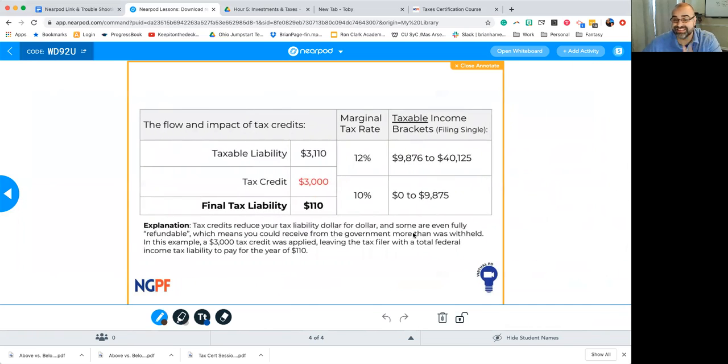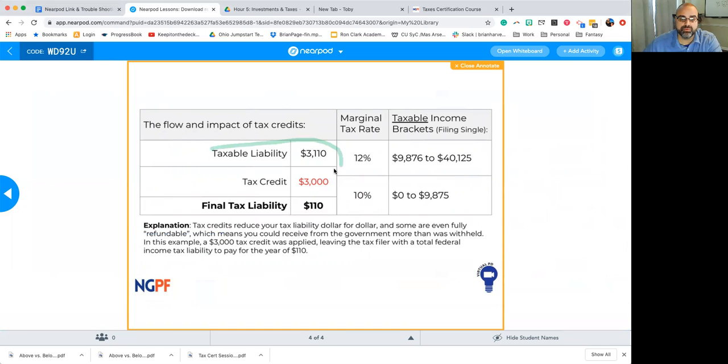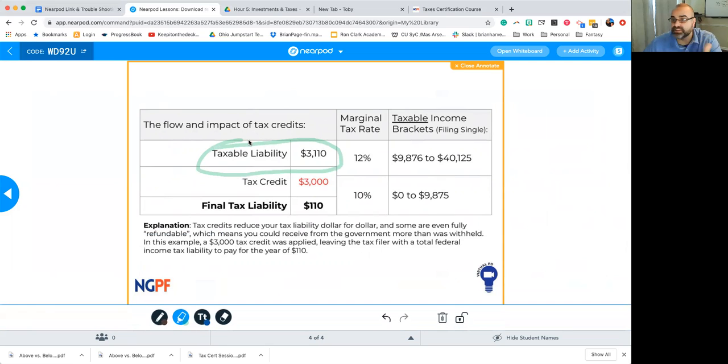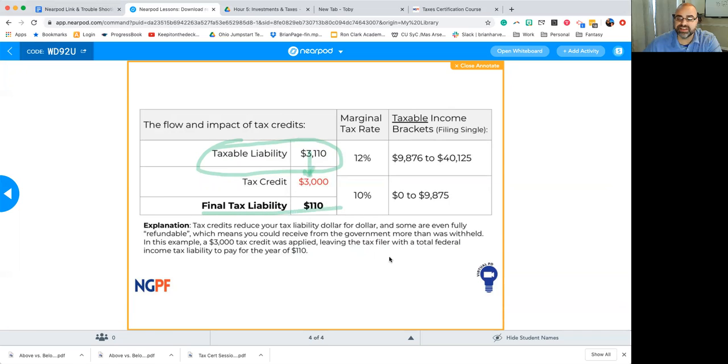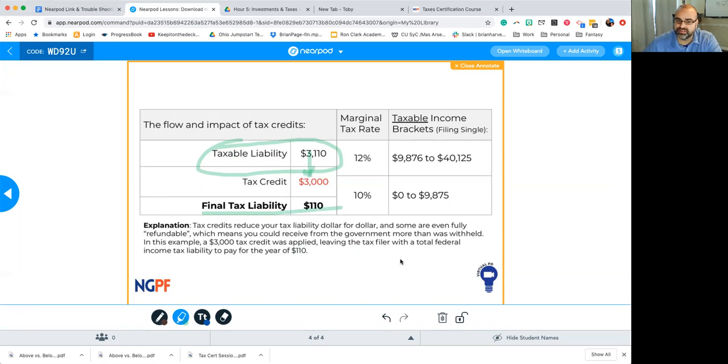In this example tax credit, here's how the flow and impact works. Remember, this person's tax liability is $3,110. Let's say this person received a tax credit of $3,000. The dollar for dollar reduction in tax liability would mean that this person's final tax liability is $110.